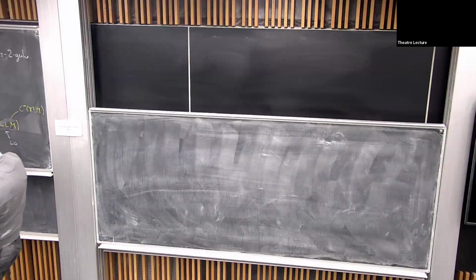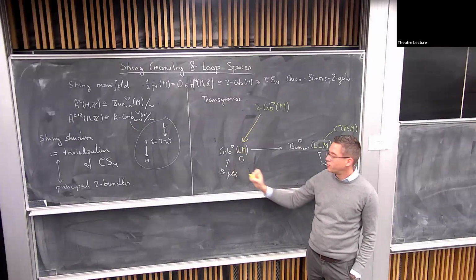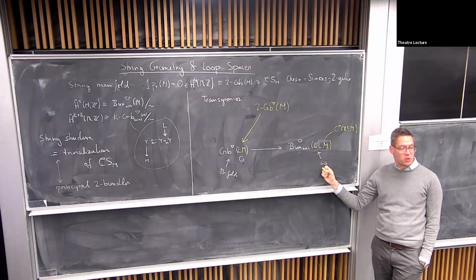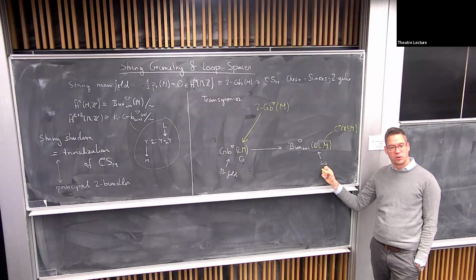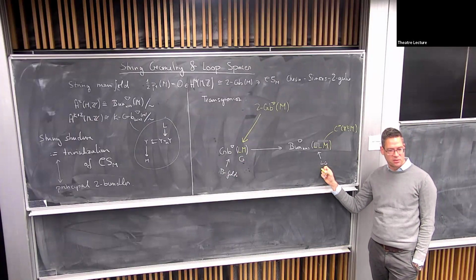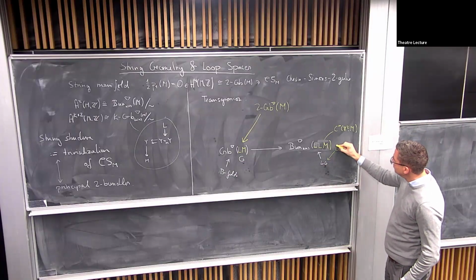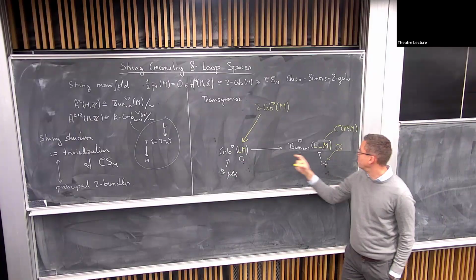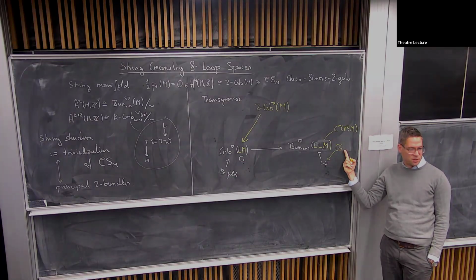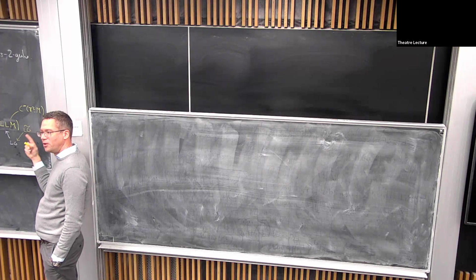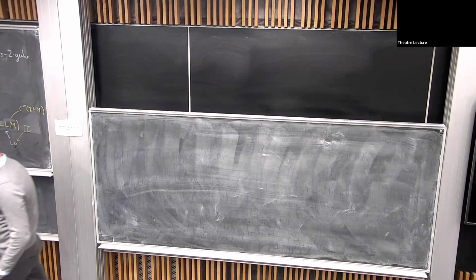For example, the gerb can be multiplicative, compatible with the group structure. Then the transgressed line bundle will also be compatible with the group structure, which means that it is a central extension. So that line bundle will be a central extension of the loop group. And if you pick the correct gerb, then you get the basic or the universal central extension of the loop group, whose Lie algebra is the Kac-Moody algebra.